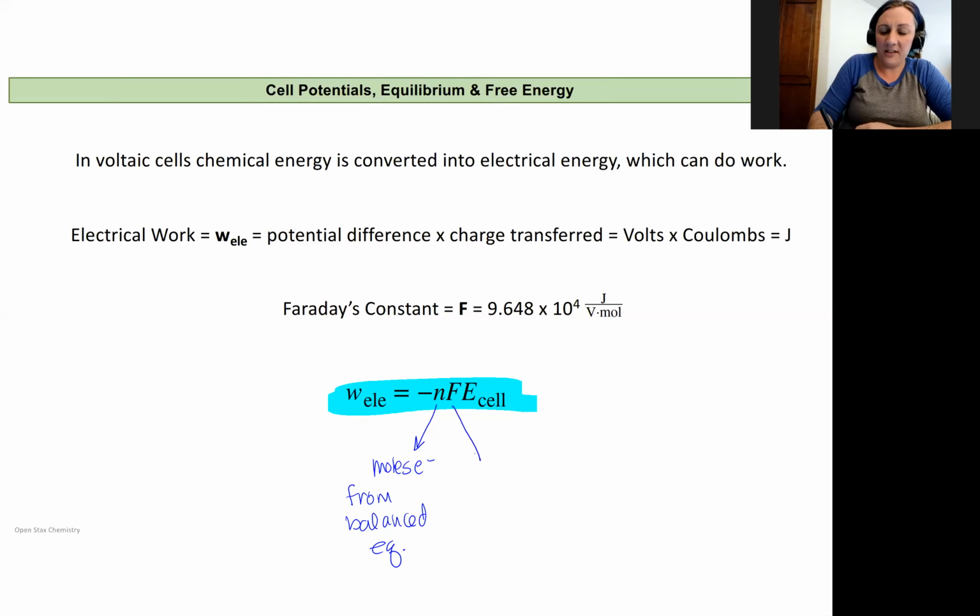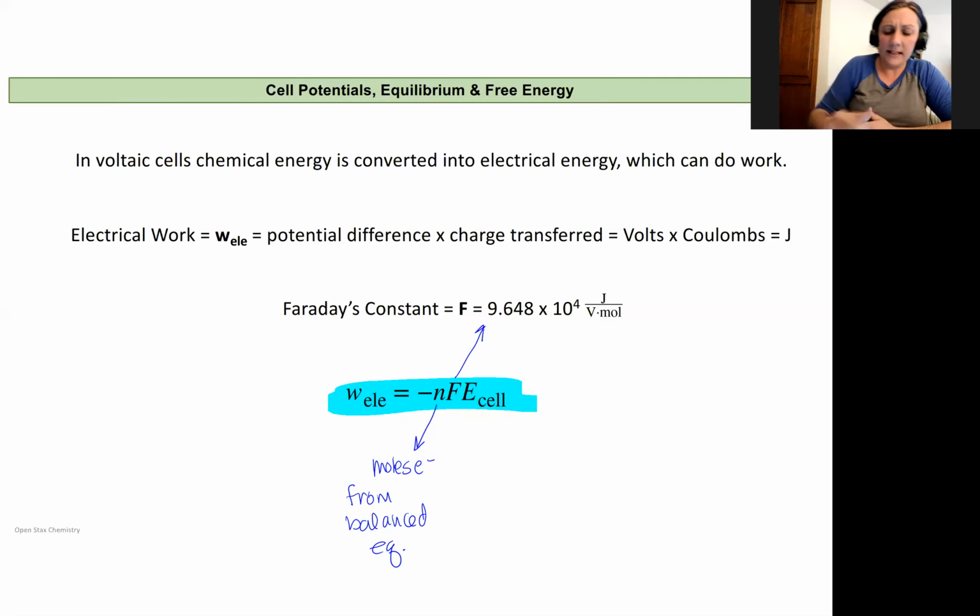And then F is Faraday's constant right here. That is 9.648 times 10 to the 4th joules per volt per mole. And that's really the charge in coulombs of 1 mole of electrons converted into joules per volt per mole.